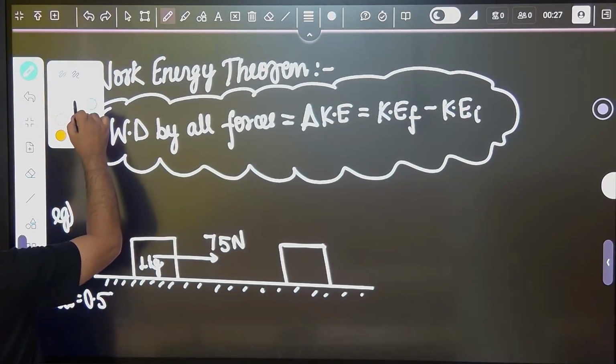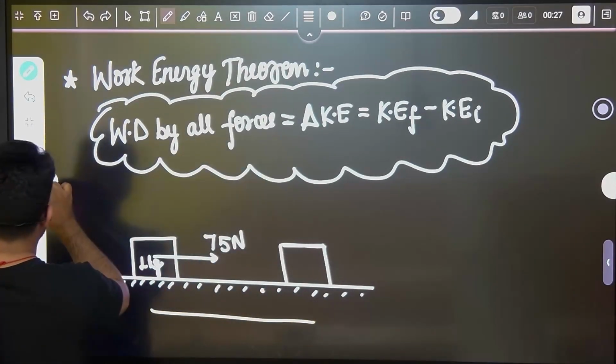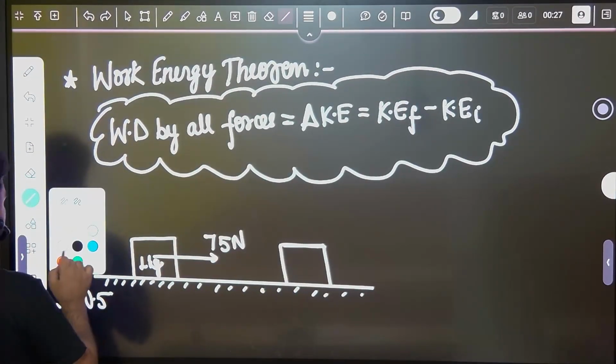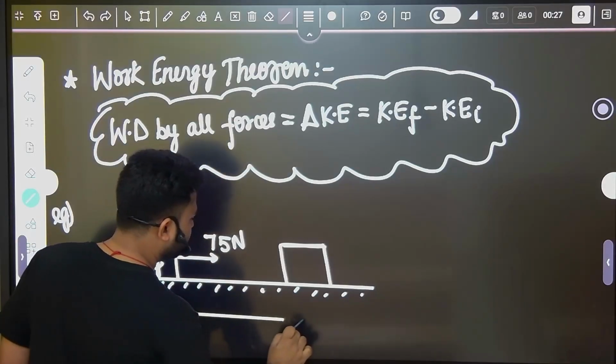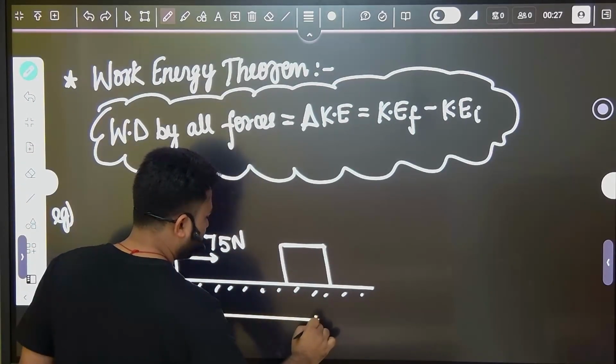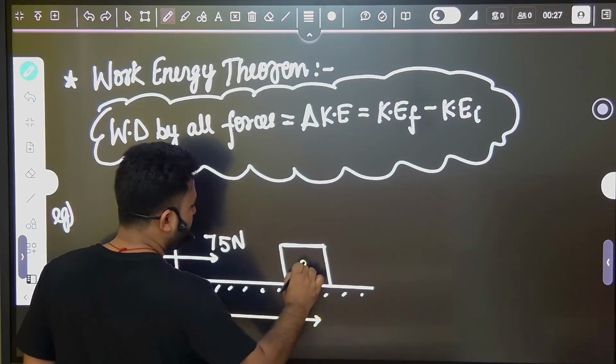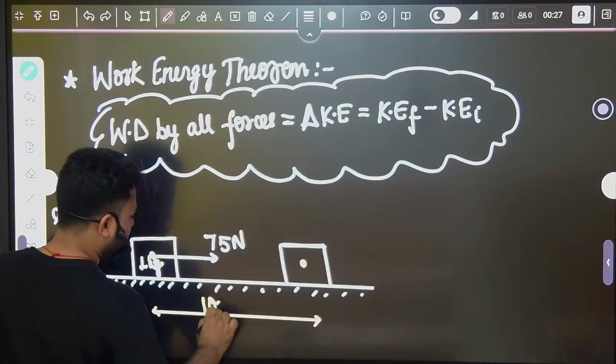And this displacement they have also given: 100 meter. Means if you see the displacement of the center, this is 100 meter.